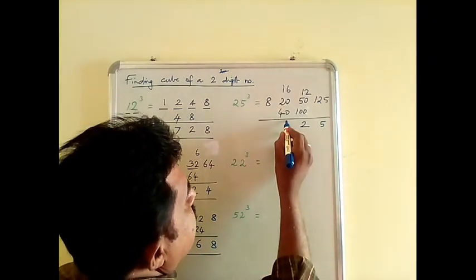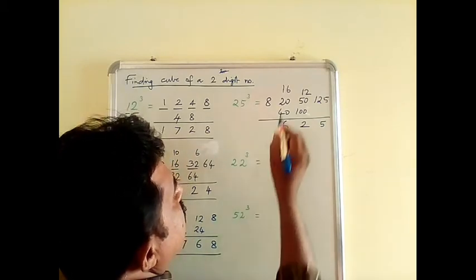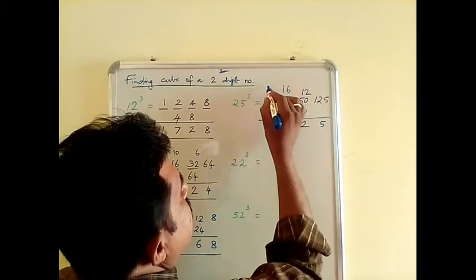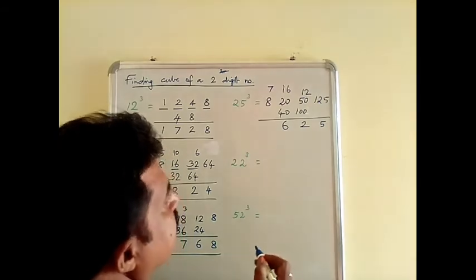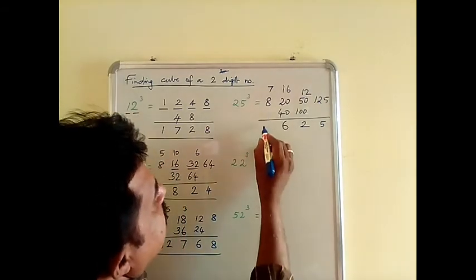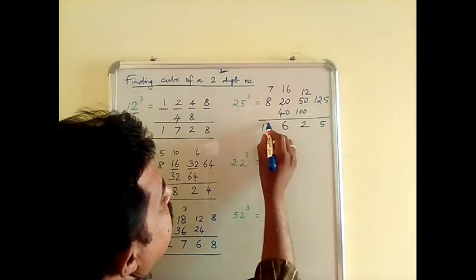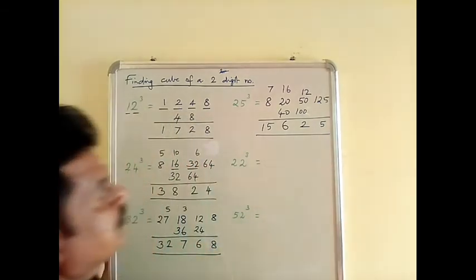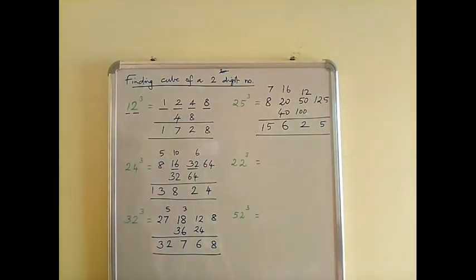We have only 6 and the 7 is carry. Now 8 plus 7 becomes 15. Therefore 25 cube is nothing but 15,625.